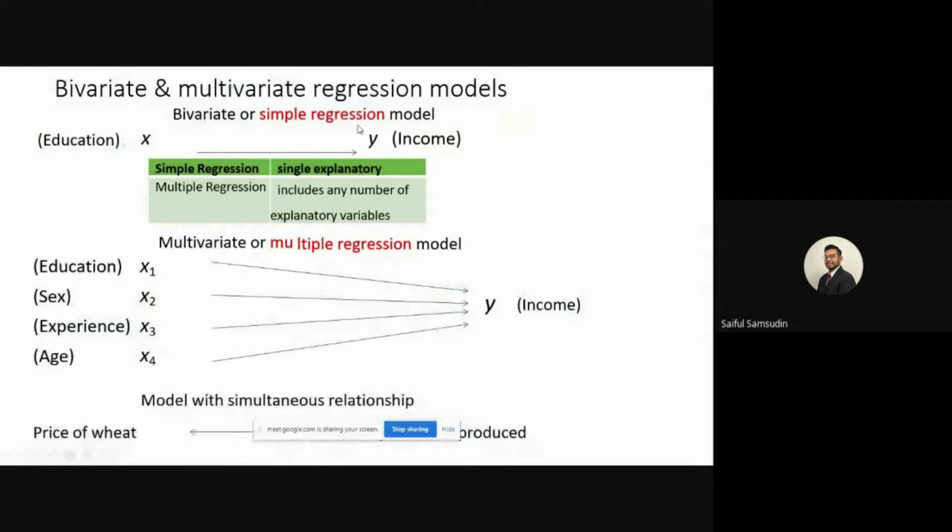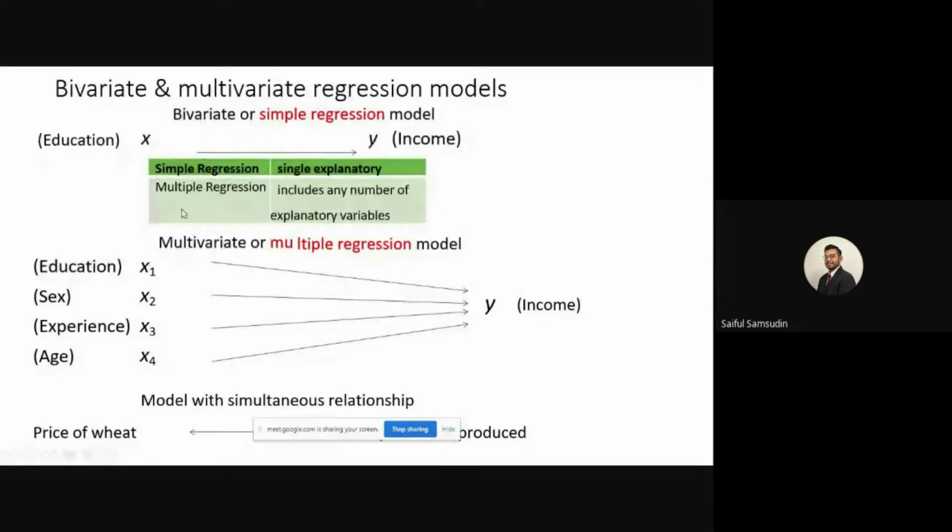So in a simple regression model, here is X to Y. When the research is about education, how education can have a relation, hubungan, relationship to the income, gaji. Jadi kita gunakan simple regression.